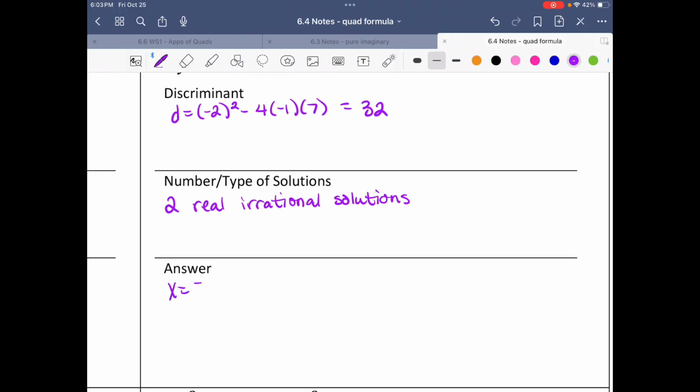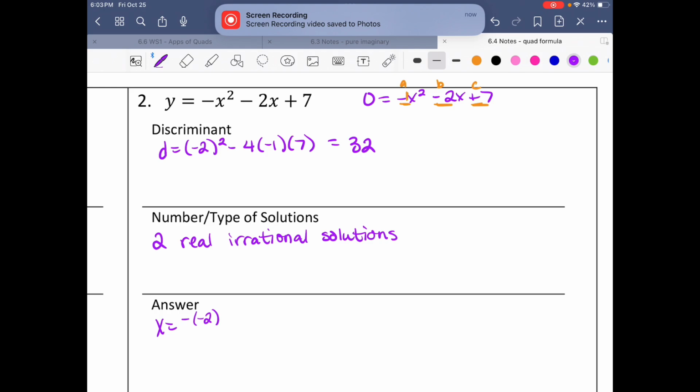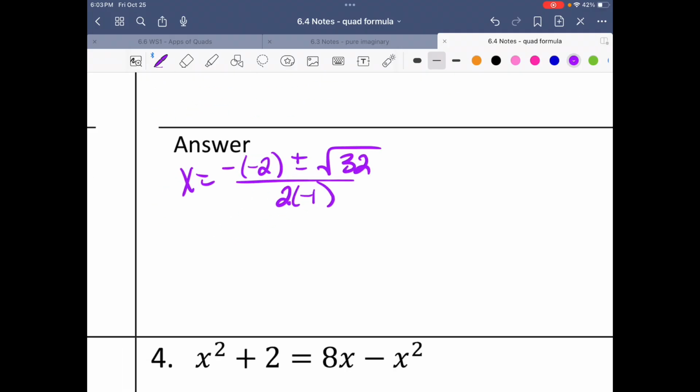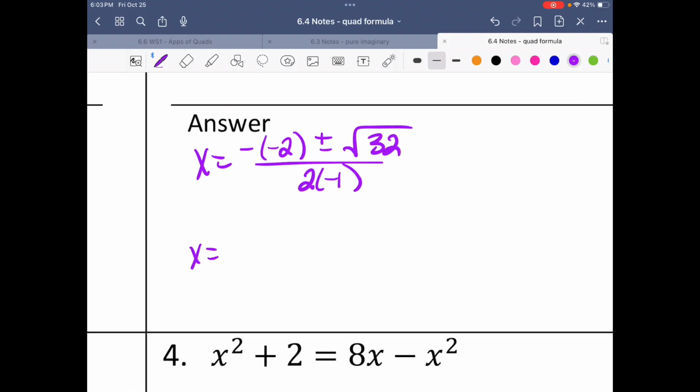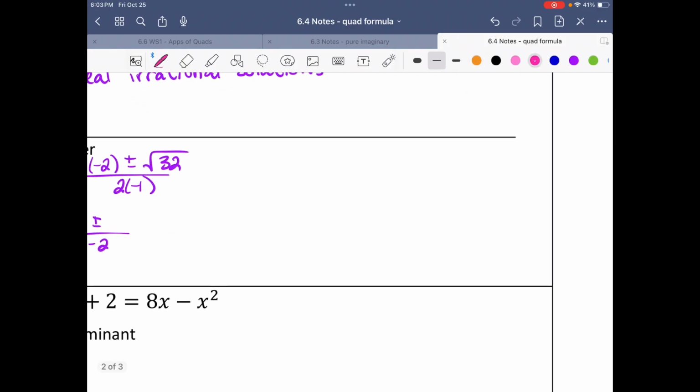Now we solve. X equals negative B. Notice it's a double negative here. Plus or minus the square root of the discriminant over 2a. Okay, let's go over here and simplify the 32.